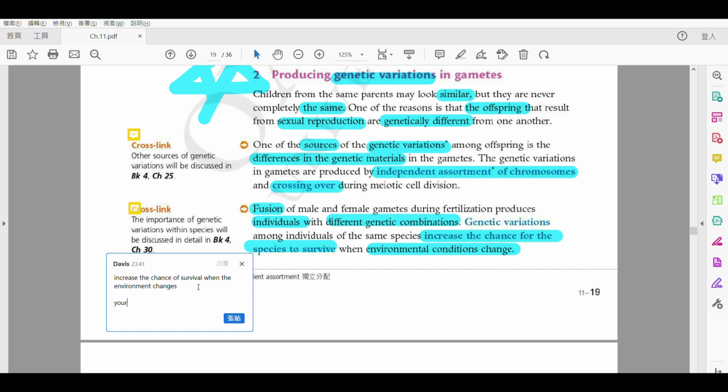Okay, so one example. So for example, your father is short, mother is short, your brother is tall, you are short. Okay, so say for example, the environment changes and shorter people live, alright?